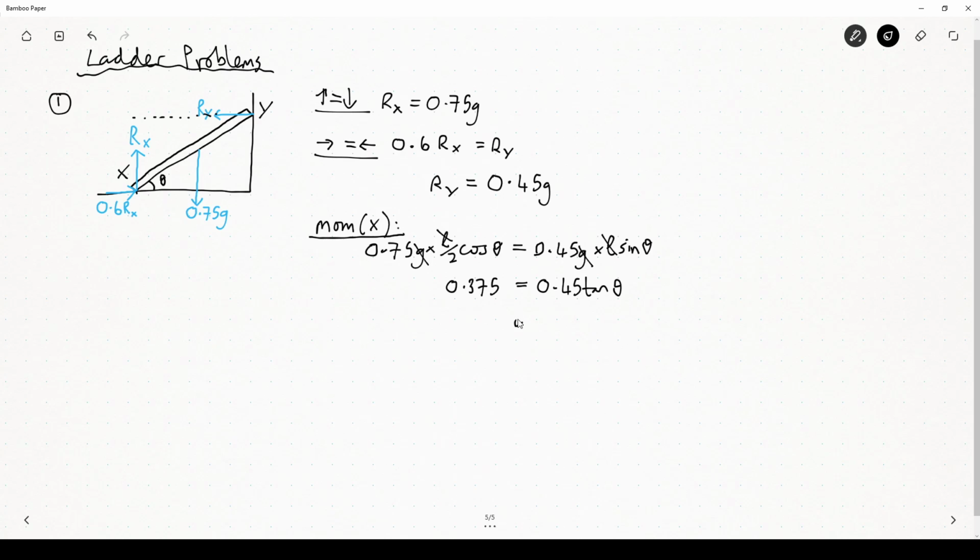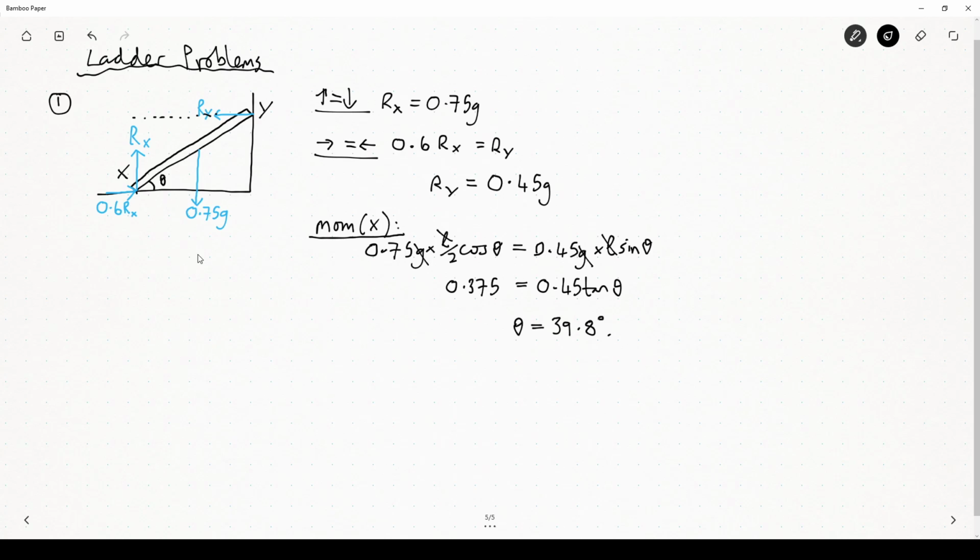So our final answer then is theta equals inverse tan of 0.375 over 0.45, which is 5/6, to give theta equals 39.8 degrees. This one you should give to three significant figures because it was independent of G. The G's cancelled here.